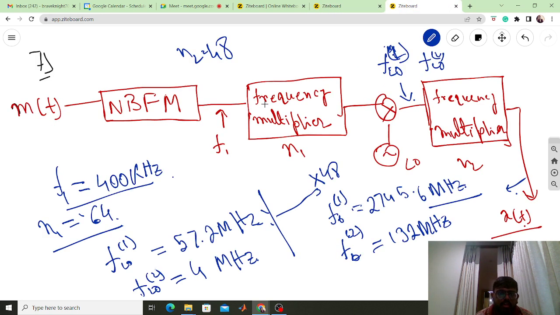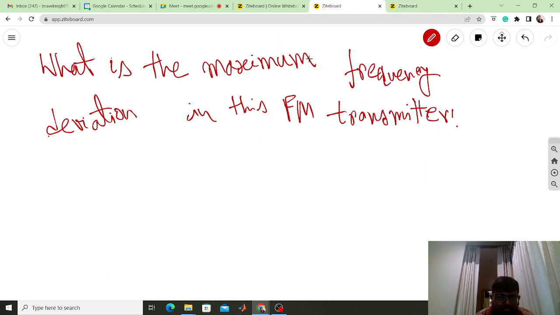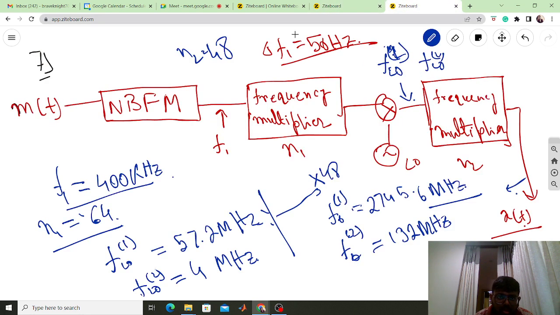Another output was given like the variation of delta f1, this can be here, it was noted in the first question. If you had noted this one, the delta f of 1 is 50 Hz. So that can be the variation of the f1 frequency. So the maximum frequency deviation is what? How much the delta f1 here can vary at the output.